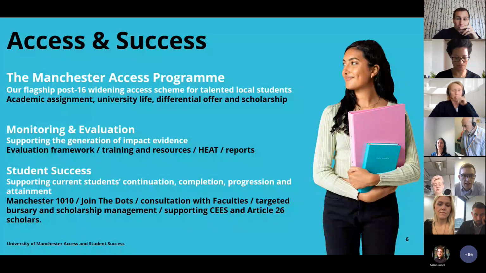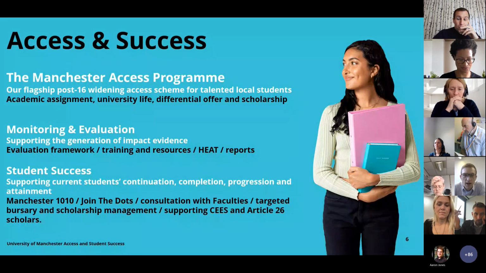Cherie's touched upon monitoring and evaluation before. As mentioned, the evaluation framework is up and running now, and our team continues to look for ways to produce evidence of more long-term impact as well as embedding narrative impact evidence generation across the team.